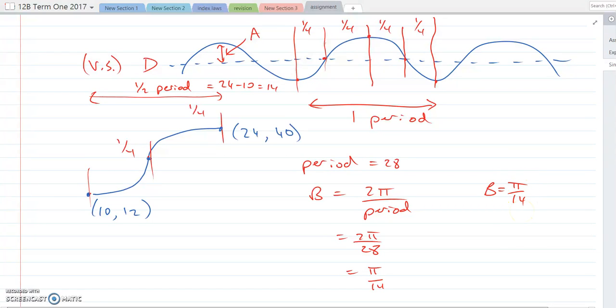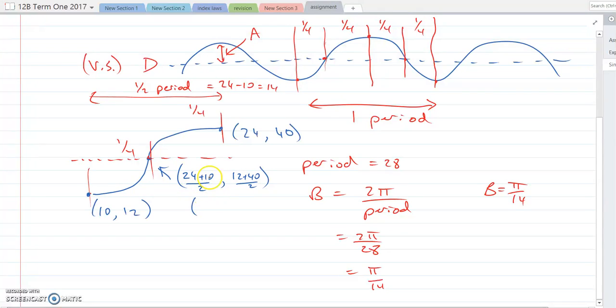The middle of this graph goes through here. This point here is halfway between the x values, so halfway between 10 and 24, that's (24 plus 10) over 2. And it's halfway between the 12 and 40 on the y, so (12 plus 40) over 2.